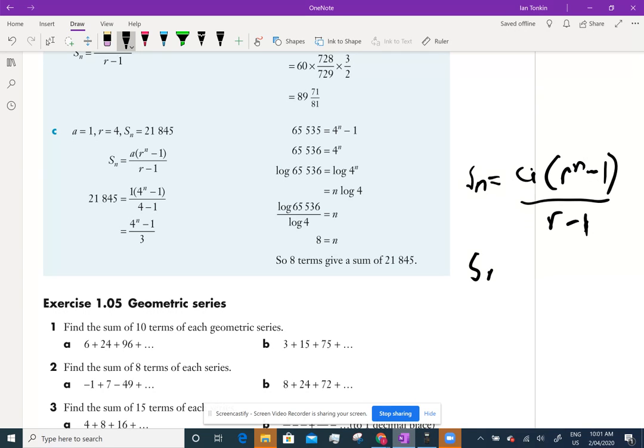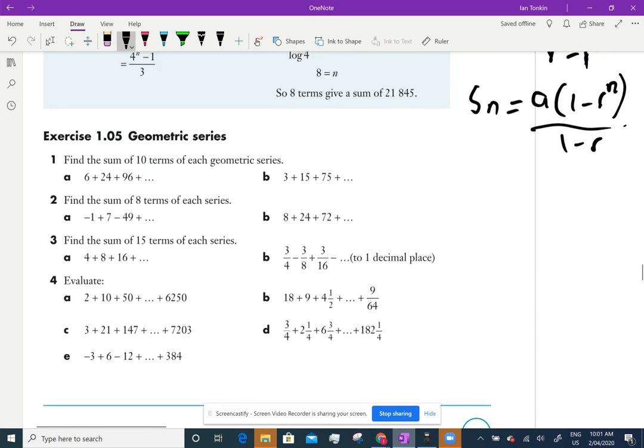And the other one, you just swap them around: a times 1 minus r to the n, over 1 minus r, which is the one that I always used to use. So let's have a go.